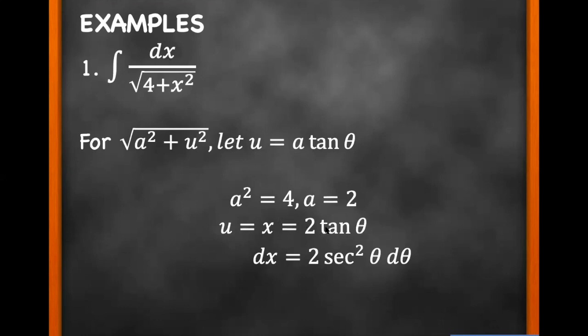The derivative of tangent theta is secant squared theta d theta. Now we have the integral of dx, which is equal to 2 secant squared theta d theta over the square root of 4 plus x squared, but x is equal to 2 tangent theta. So we have 2 tangent theta raised to 2.